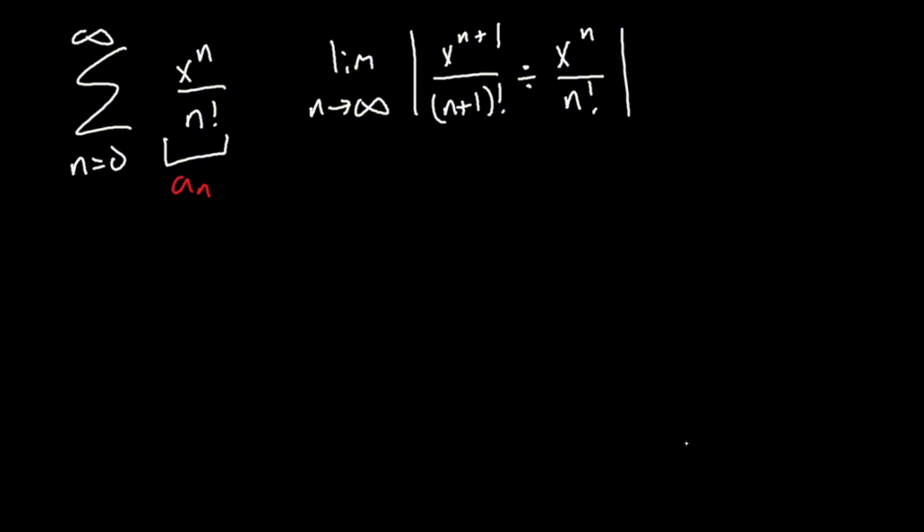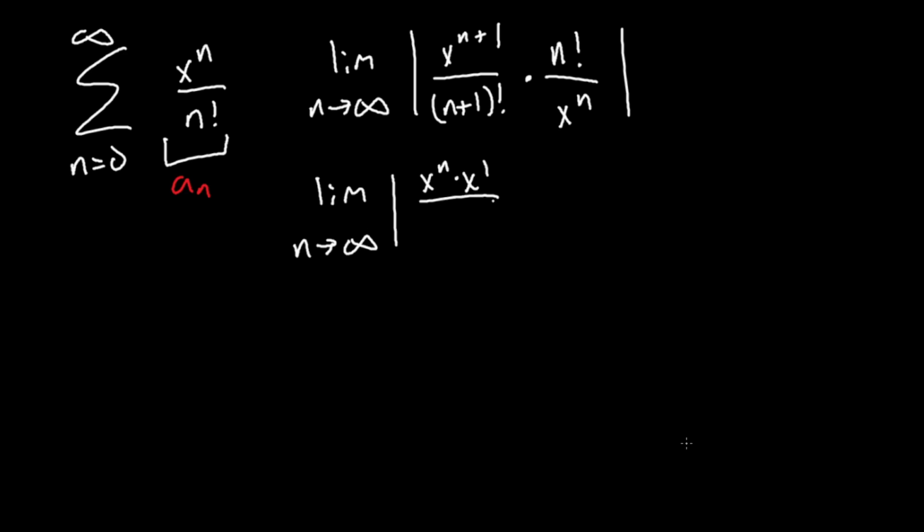Remember, if you divide by some fraction, you could just multiply by the reciprocal. So let's flip this fraction around so that we multiply by n factorial over x to the power of n. We can simplify this limit so that we get x to the n times x to the power of 1. Remember, when you multiply exponentials with the same base, you simply add their exponents.